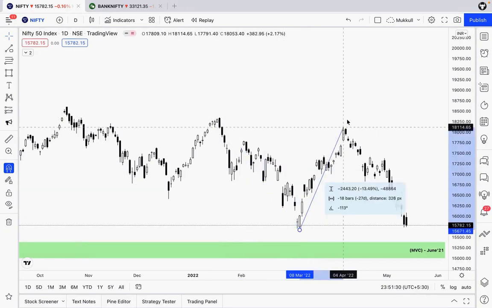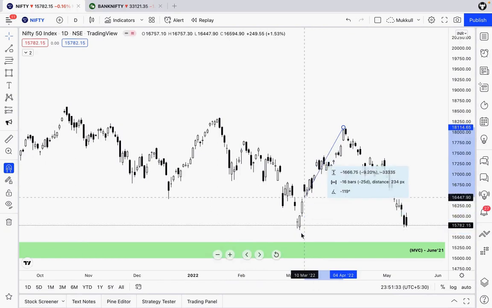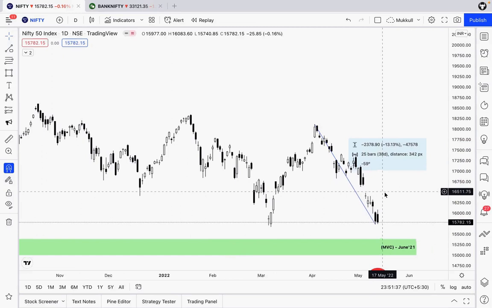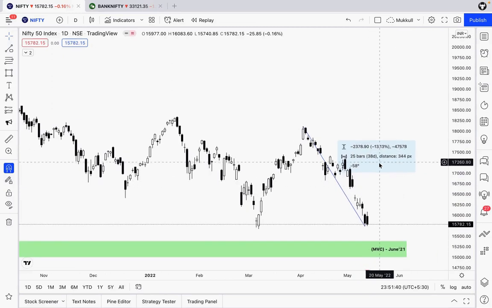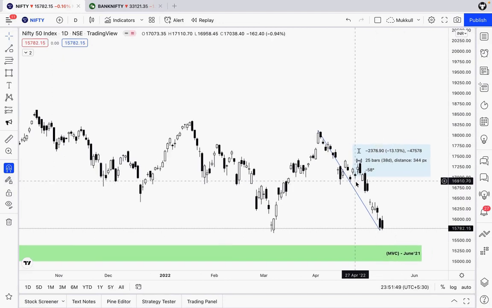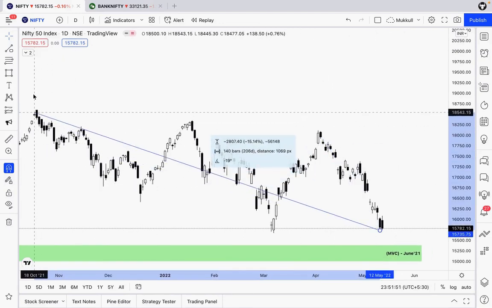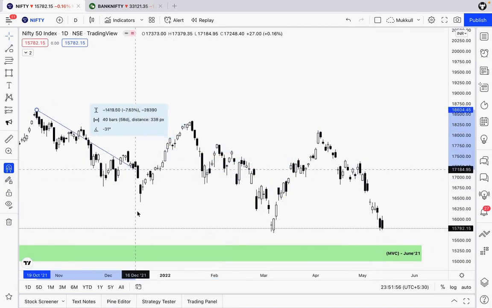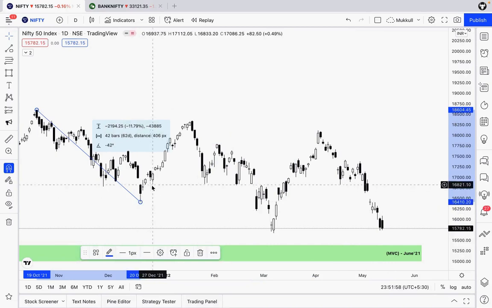Now again we are coming back from this top to this bottom. Where are we? We are at 38 days, and we have corrected 13.13%. Look, when we started here, that is the all-time high for Nifty, and then we had a dip of almost 11.8%.